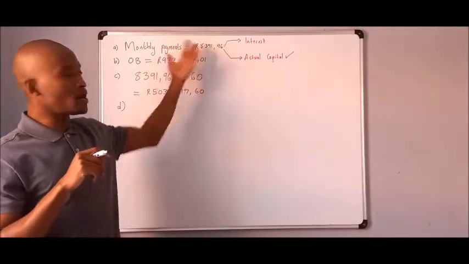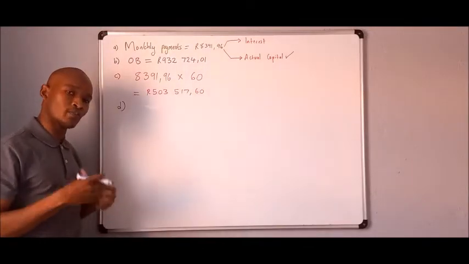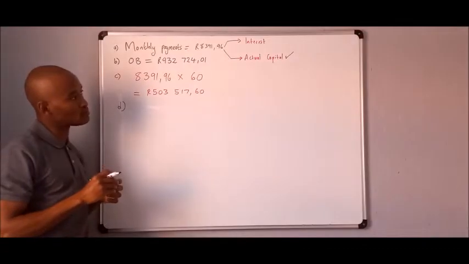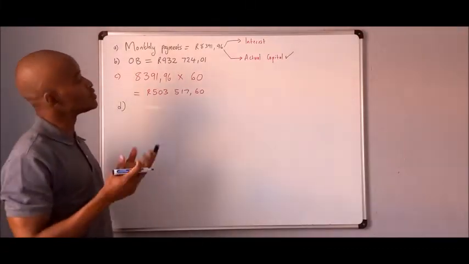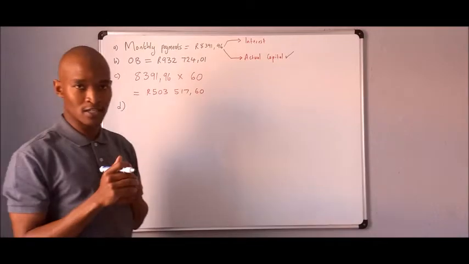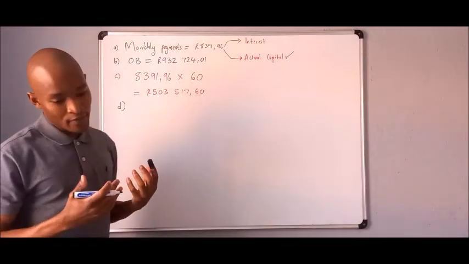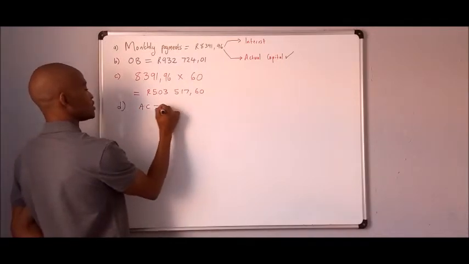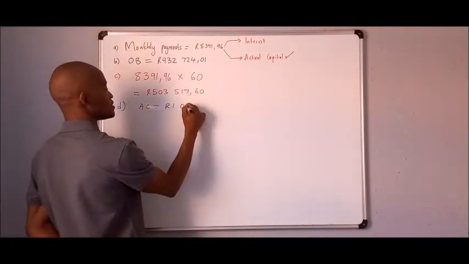We don't know from this amount what percentage goes towards the payment of actual capital. If we knew, we would take that and multiply it by 60. However, we don't know, but we know that the actual capital of the loan is 1 million rands.